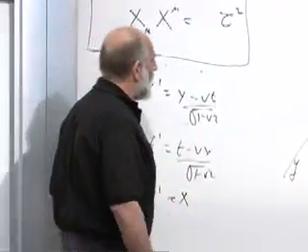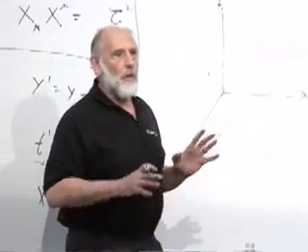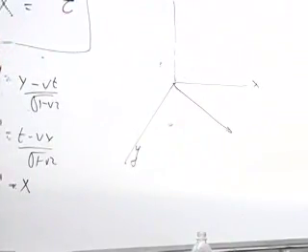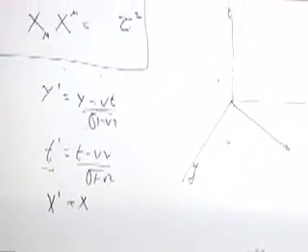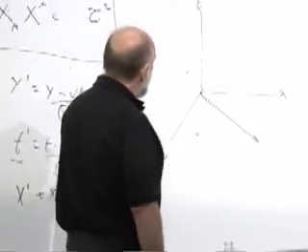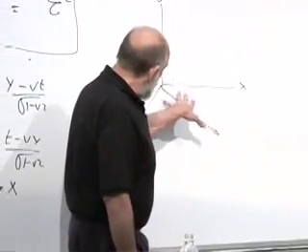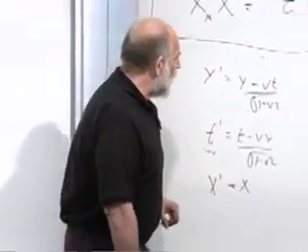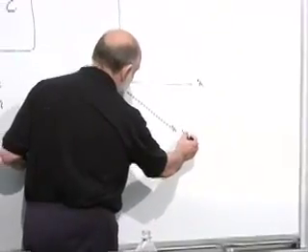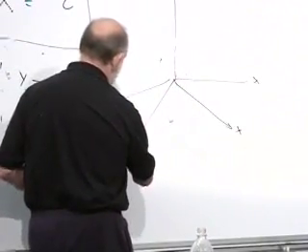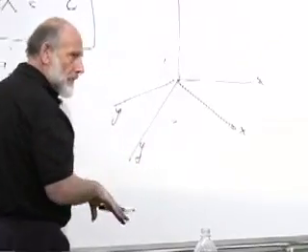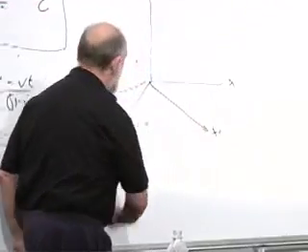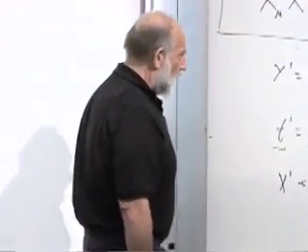But supposing you wanted to consider an observer who was moving along some funny axis, neither x nor y, but along some funny angle. Then the thing to do would be, before you make the Lorentz transformation, do a rotation of coordinates in space. Find a new coordinate x prime and a new coordinate y prime, which are just rotated in space, and then do your Lorentz transformation along the new primed axes. Right?